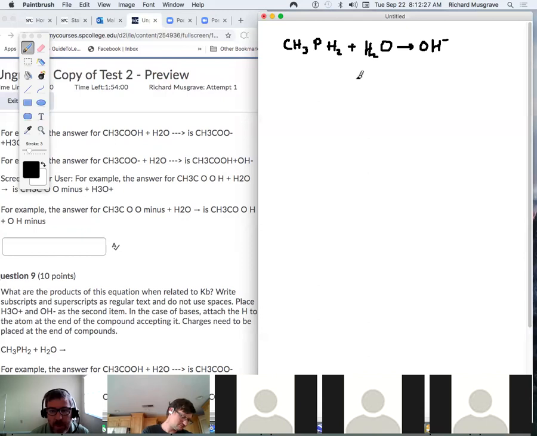And what's going to happen here is I consider the water to be like H plus and OH minus. So the OH minus is already up here. And the H plus here will join with this creature, and we'll end up getting CH3 PH3 with a plus on it. Does anybody have any questions?